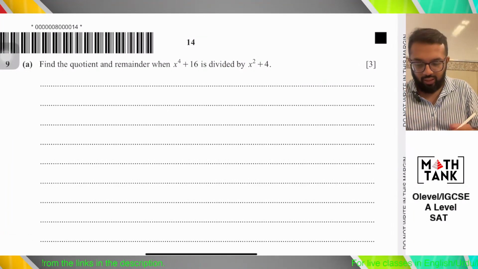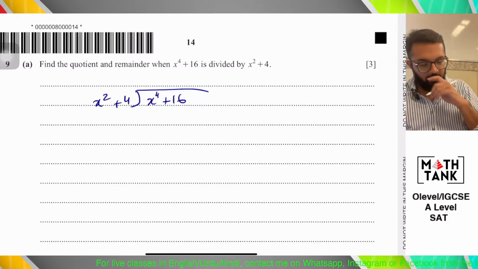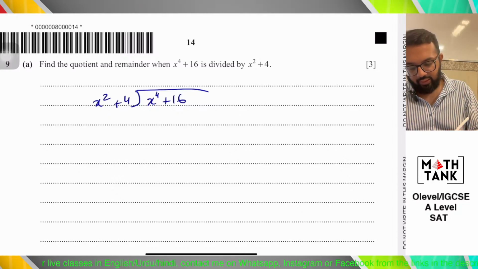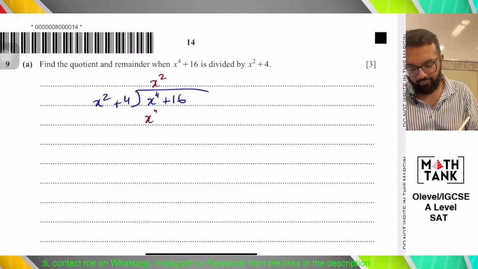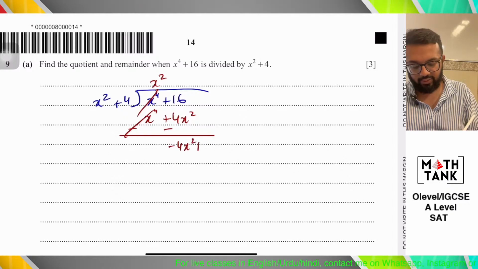Okay, find the quotient and remainder. That's simple, I think. You multiply by x square first to get x power 4. Okay, and you get a complementary term that's 4x square. You change the signs of all of these. This cancels out, and you are left with 6 minus 4x square plus 16.